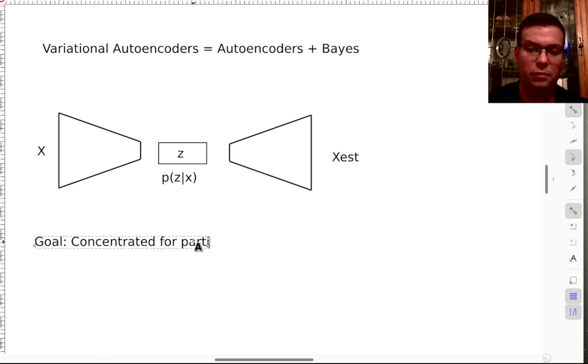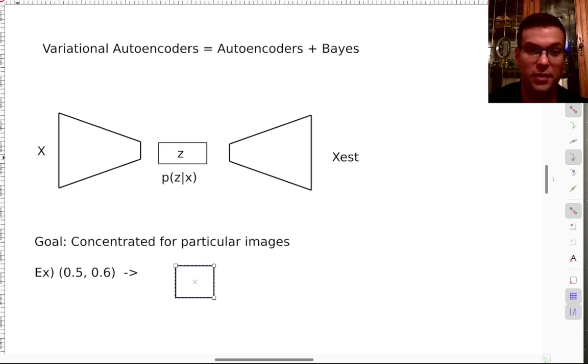So for example, I want to have concentration for particular images. As an example, I might say, all right, maybe the latent vector 0.5, 0.6 in a 2D latent space goes to a digit image that looks like this. Let's say that goes to a 7.